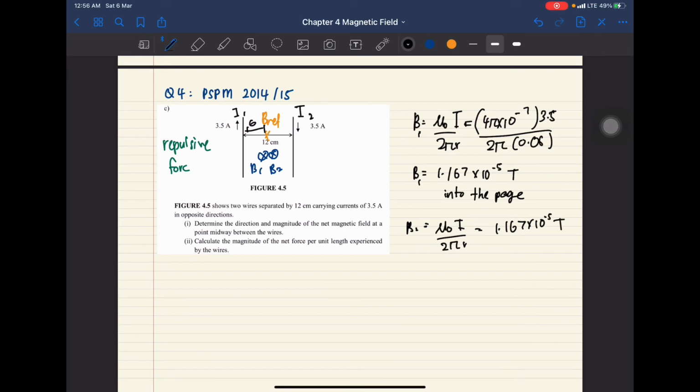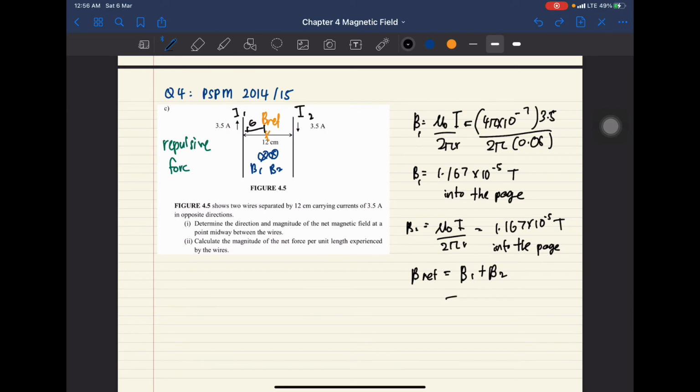And I can add up these two because both of them are into the page. So maybe you can calculate B net. In this case it would be B1 plus B2, which is basically 1.167 times 10 negative 5 multiplied by 2.